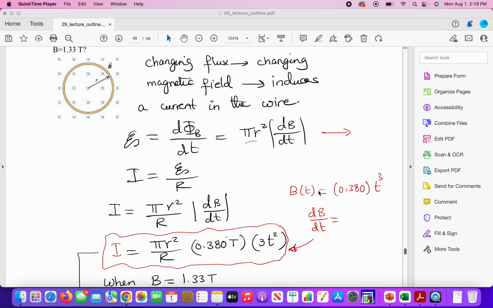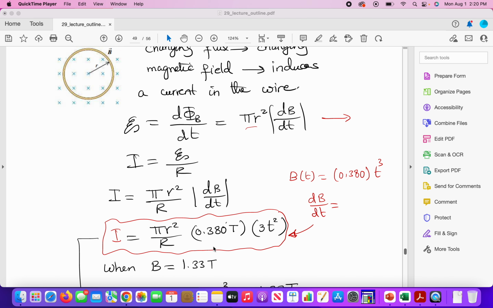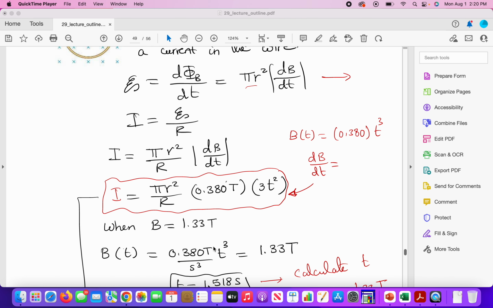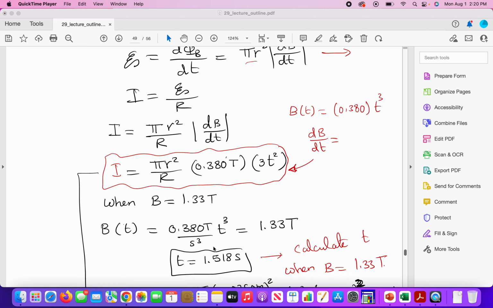We know that B as a function of t is this one. When we differentiate, it's going to be 3t² times the constant. We also need to find the time when the magnetic field is 1.33 Tesla.